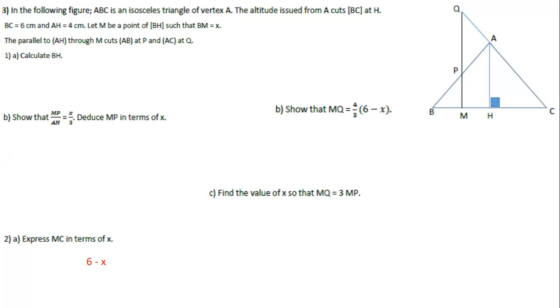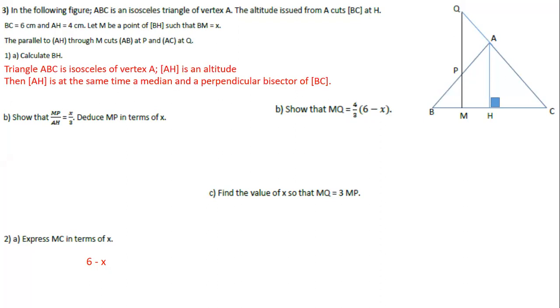If H is the midpoint of BC, then BH is equal to what? Then BH is equal to BC over 2. Bravo, well done. So triangle ABC is isosceles of vertex A. As was said, AH is an altitude, then AH is at the same time a median and a perpendicular bisector of segment BC.